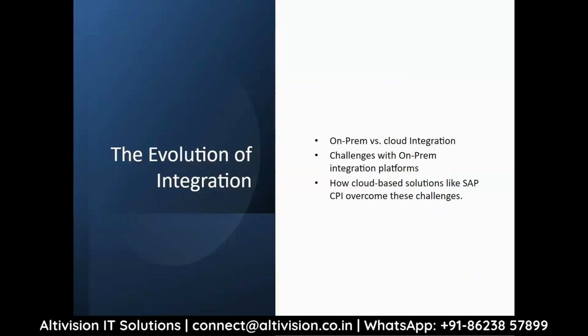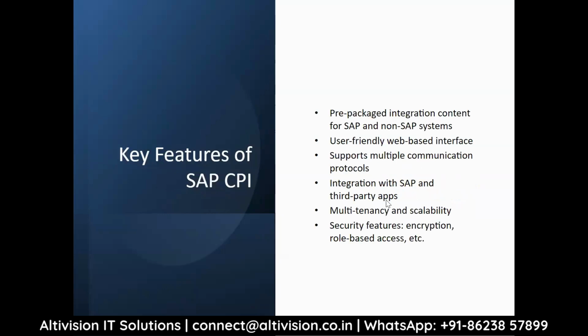We have also discussed why it is very important to move to cloud based integration instead of on prem integration, what kind of challenges we face if we keep our system on prem, right? And how cloud is actually solving this problem by providing multiple services. Okay, so we will also be seeing more.